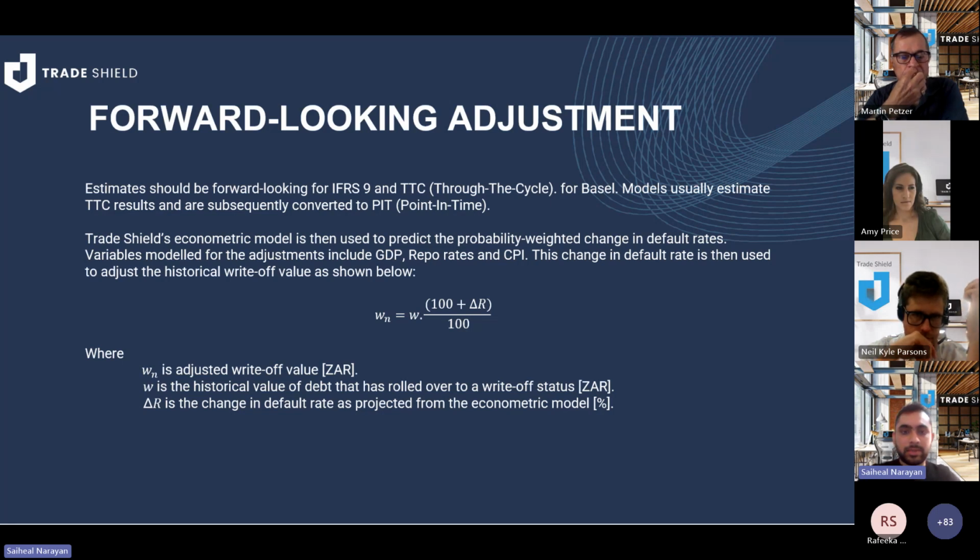What we look at specifically is GDP, repo rates, and CPI. Those should be enough for most products. It's obviously dependent on your product and what economic factors affect what specifically you are selling. So there could be more economic factors you could take into account, or very specific ones.